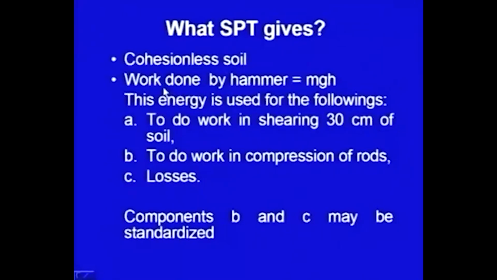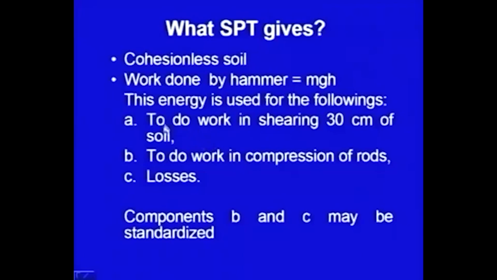Now, if you recall the basics you studied for energy, you can find out the work done by the hammer. You know its mass, you know the acceleration due to gravity, and you know the height from which the hammer is falling freely. So, you can find out the energy it possesses at the time when impact takes place, and this energy is then used for the following components.